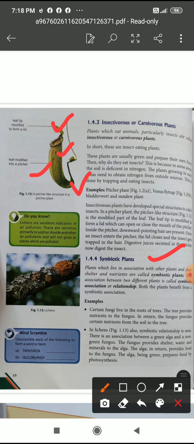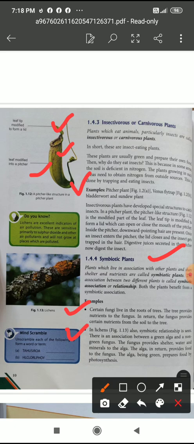Both the plants benefit from a symbiotic association. For example, certain fungi live in the roots of trees. The tree provides nutrients to the fungus. In return, the fungus also provides certain nutrients from the soil to the tree.